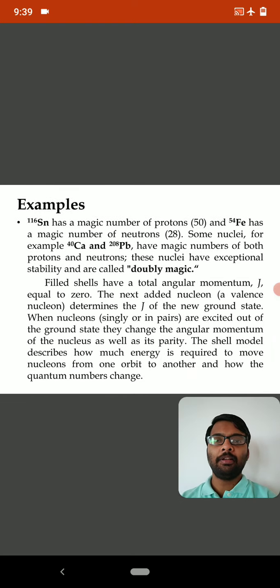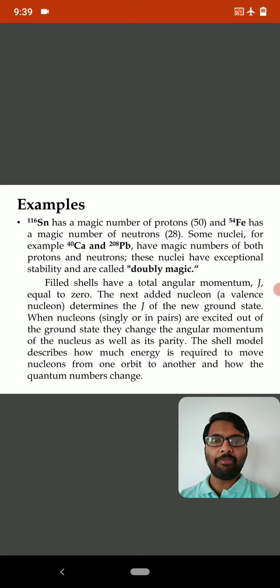For example, Sn-116, that is tin-116, has a magic number of protons. In the case of Sn-116, Z, the number of protons, is 50 and the number of neutrons is 66, that is 116 minus 50. So it has a magic number of protons and it is called a magic nucleus or stable nucleus.